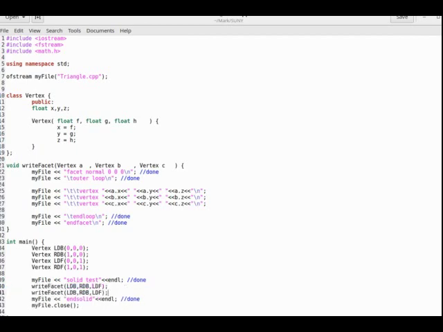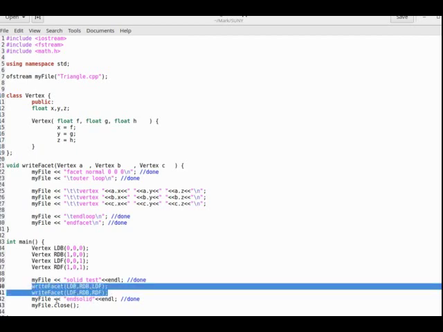And then we'll do the other triangle, which will start at left, down, front. And then we'll go to right, down, back. And then to right, down, front. All right, so that should do it. That should give us the two different triangles. So again, writing two triangles should give us a square.